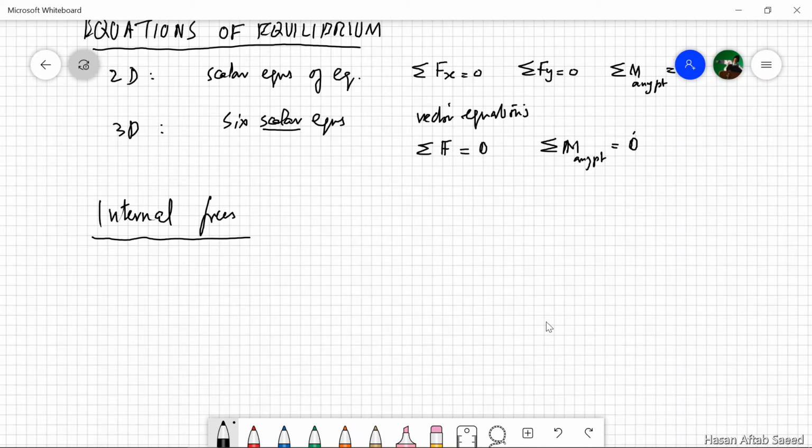Now, just as we employed the free body diagram for the whole body to calculate the external reaction forces, we can make a free body diagram of one portion of the body and apply the equations of equilibrium to calculate the resultant of the internal forces acting on the section.